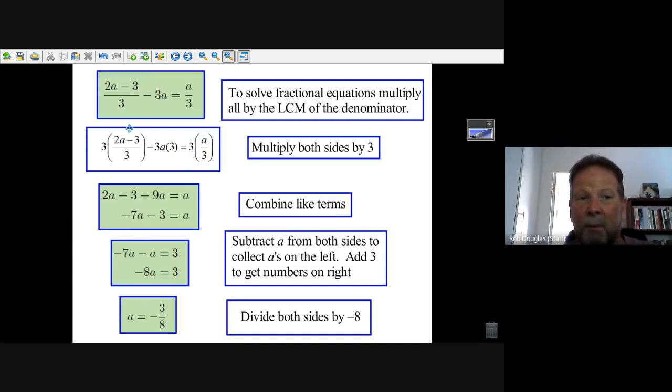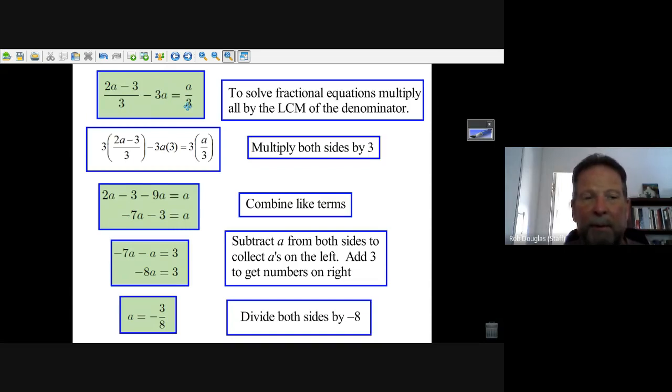Now here, this last question. If you have a fractional question, the key is to look at the denominator. If there's one number in the denominator, you just multiply everything by that number. If there's more than one number, you multiply by the least common multiple. Well, the least common multiple of 3 is just 3.